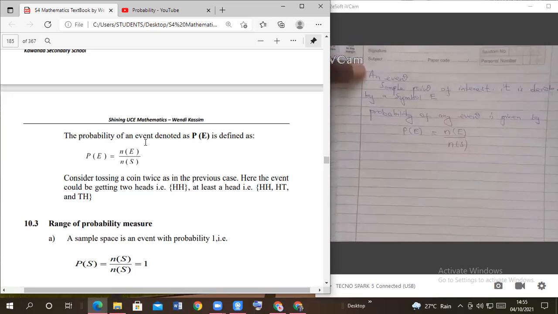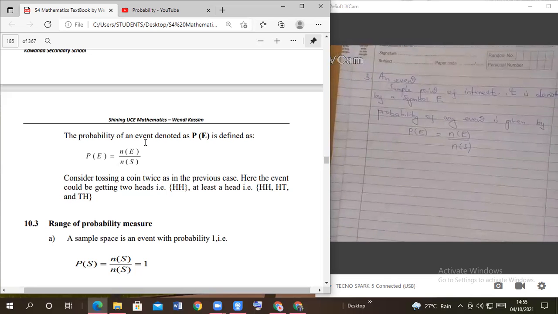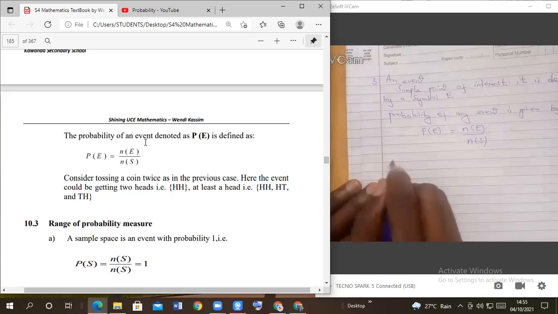Are we together, members? Now, let's look at some examples.